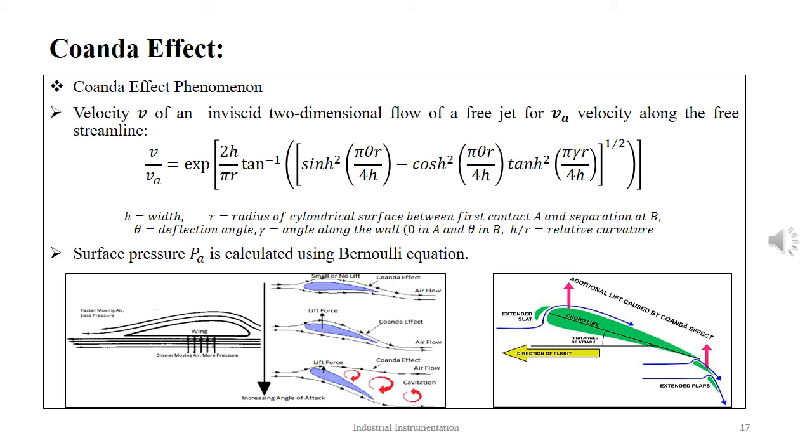Here we see the pictorial representation of Coanda effect. The diagram shows that increasing the angle of attack increases how much the air is deflected downwards. If the angle of attack is too high, the airflow will no longer follow the curve of the wing. Coanda effect is losing its power.